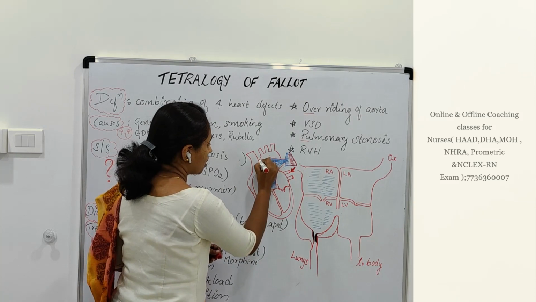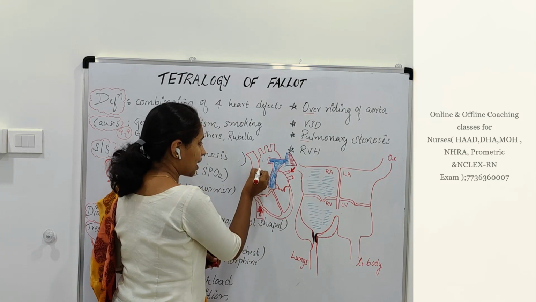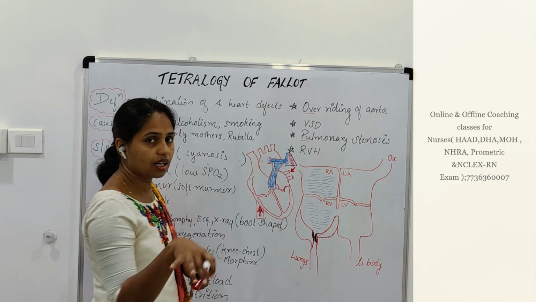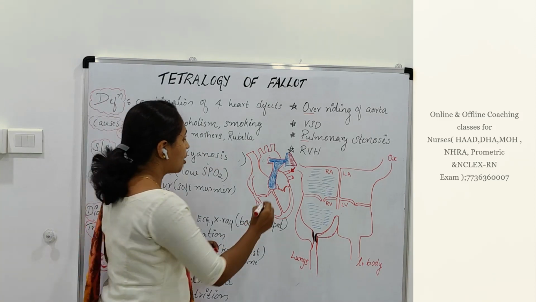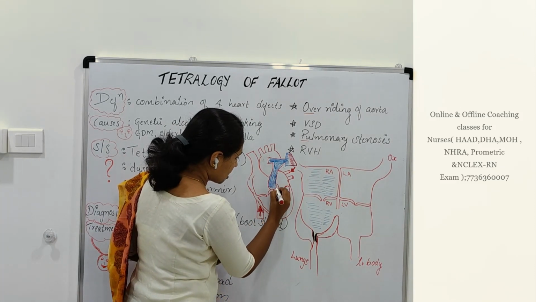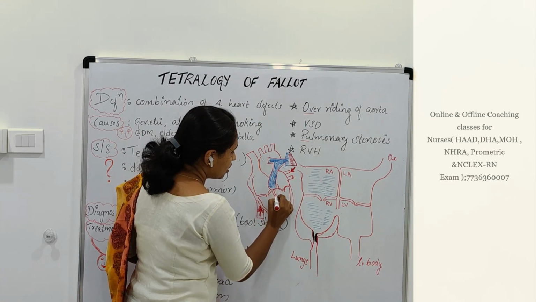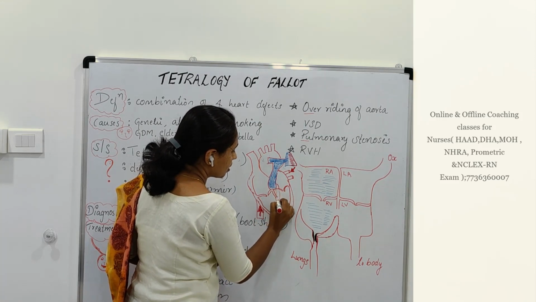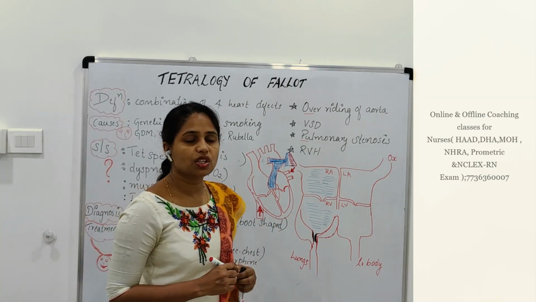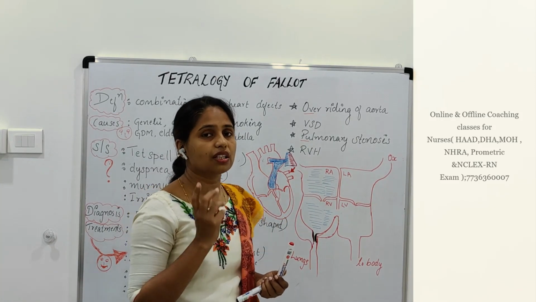So this is the aorta. As it goes out of the heart, this is the ascending aorta, this is the arch of aorta, and this downward part is called the descending aorta. Usually the aorta originates from here, but it starts somewhere here, from the ventricular septum, from the junction of the ventricular septum.